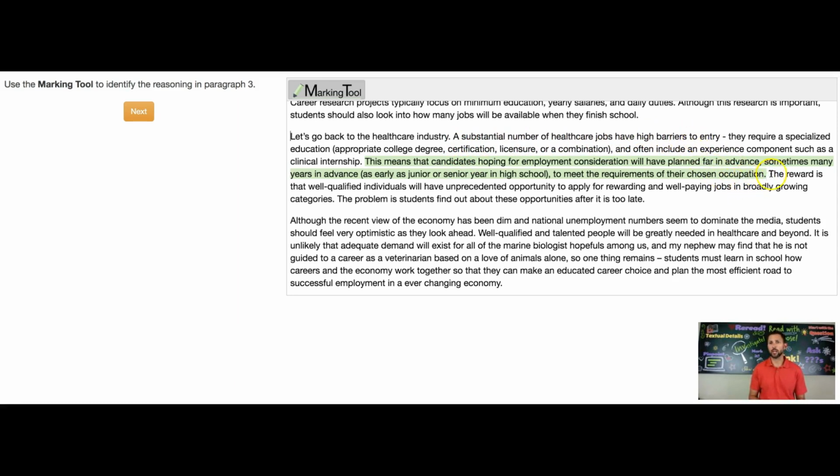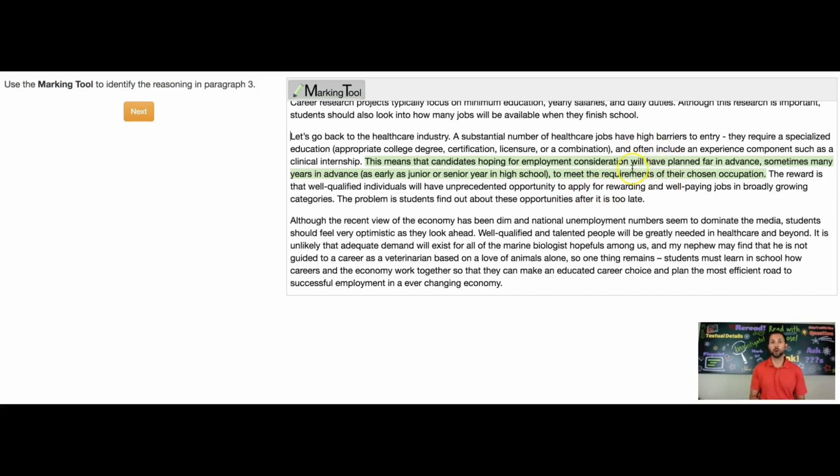Now, the author is talking about the reward is that well-qualified individuals will have unprecedented opportunity. This may or may not be true. It's certainly on the edge of opinion, but it's not reasoning. This isn't explaining what came before it. This is kind of a new idea. It's kind of like, look, if you plan ahead, you're going to get these jobs. And if you get these jobs, look how much money or look how much opportunity you will have.